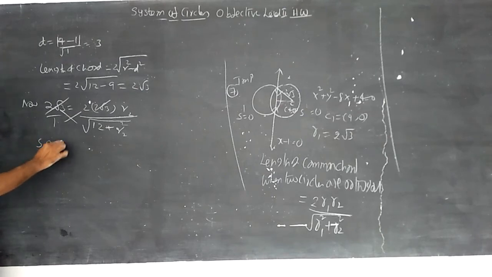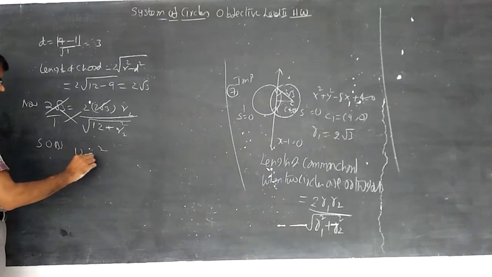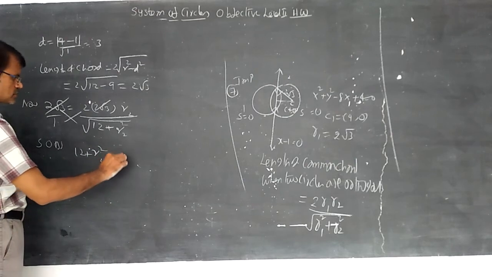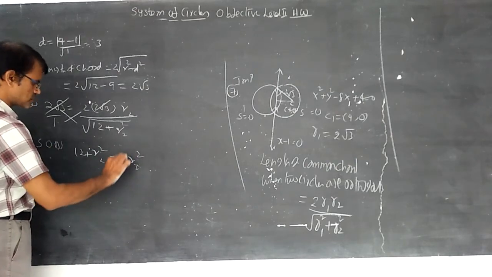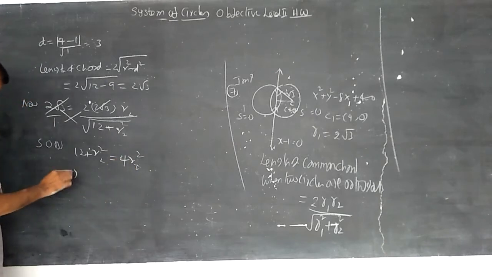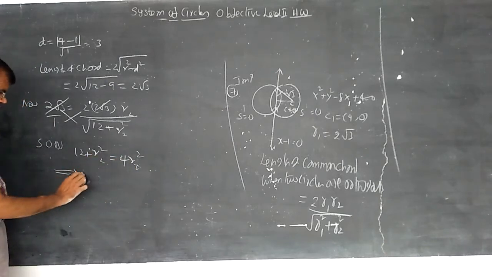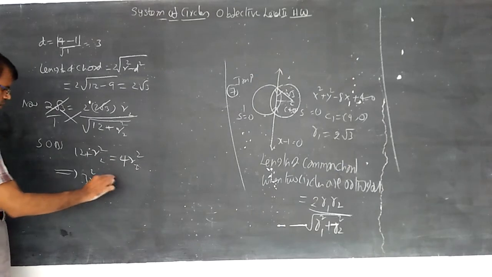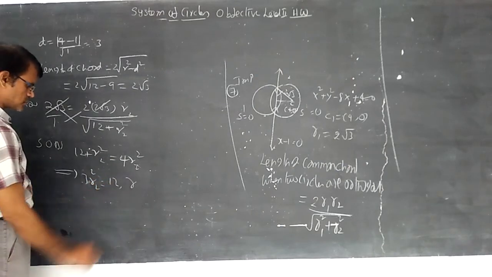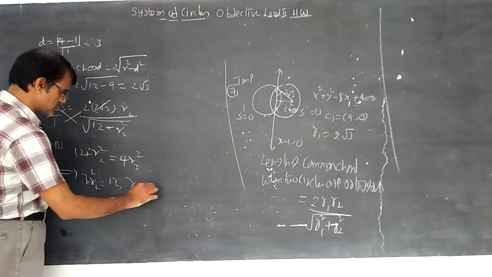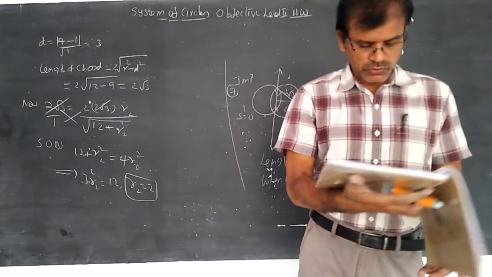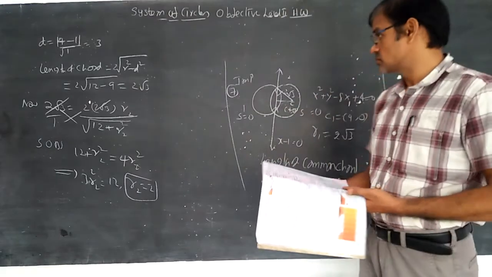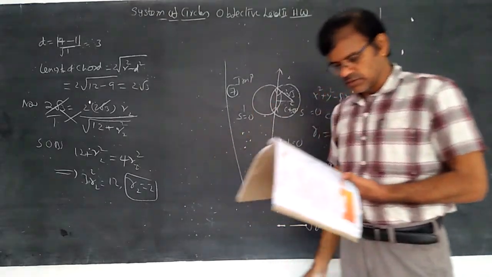Square it on both sides. It becomes 12 plus r2 square is equal to 4 r2 square. That implies 3 r2 square equal to 12, r2 square equal to 4, so r2 is equal to 2. R2 is equal to 2 is the second option. This is an important question, already put.